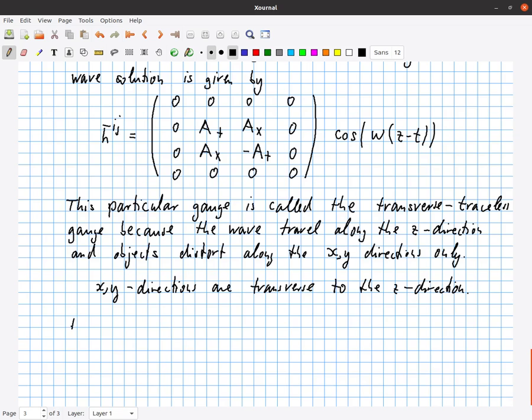And traceless, the other word that enters the gauge, refers to the fact that the matrix A_ij is trace-free or traceless.